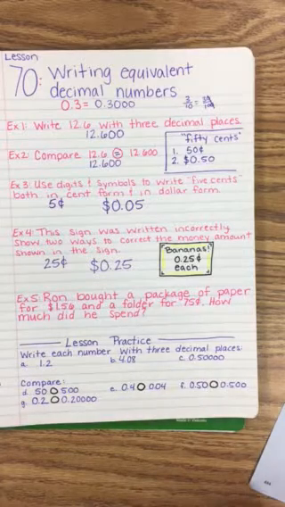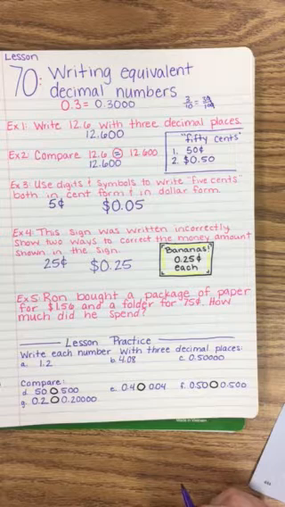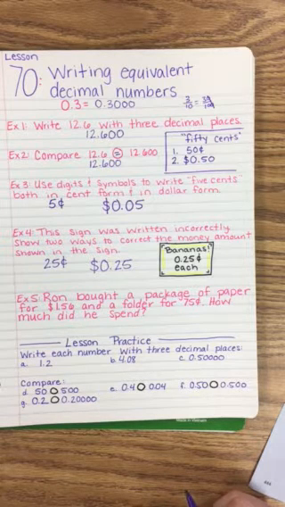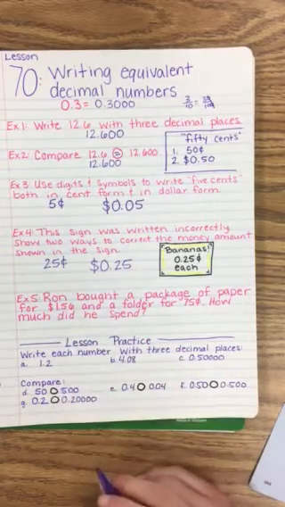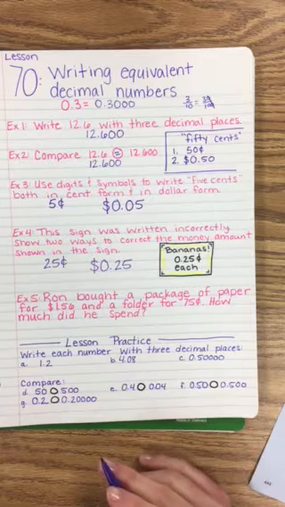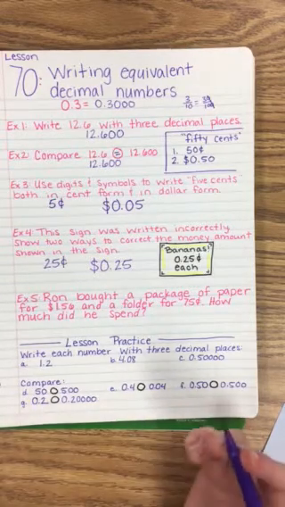Example 5. Ron bought a package of paper for $1.56 and a folder for 75 cents. How much did he spend? When we see both forms of money like this, it's the same problem. We first rewrite the amounts of money so that they're all in the same form.